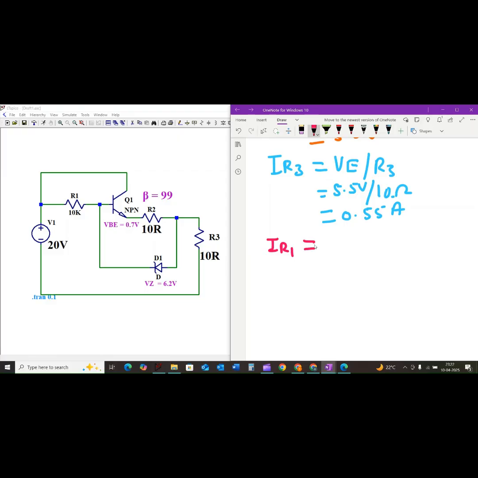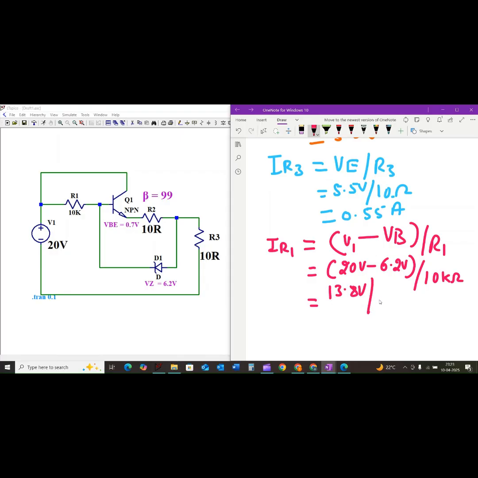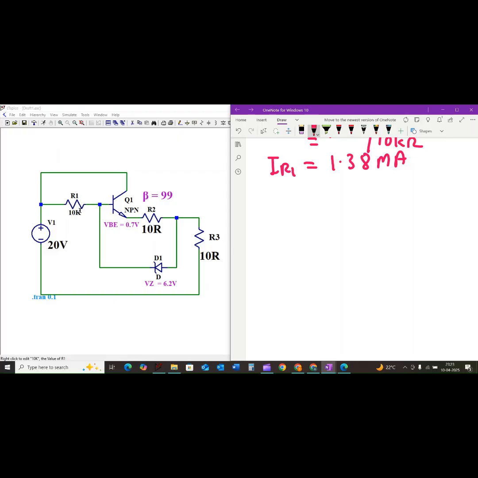So IR1 is equal to V1 source voltage minus base voltage VB divided by R1, which is equal to 20 volt minus 6.2 volt divided by 10 kilo ohm, which is 13.8 volt divided by 10 kilo ohm. And the current IR1 is equal to 1.38 milliamps.